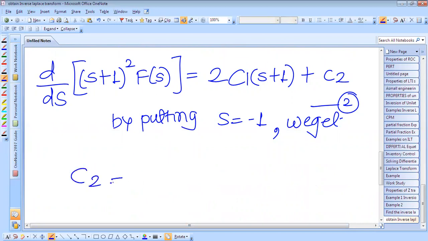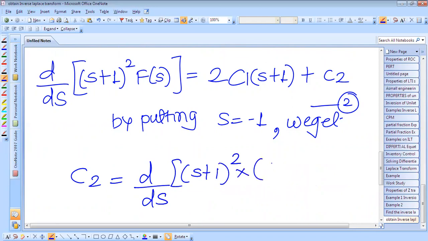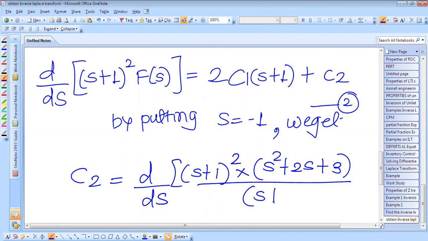So c2 is equal to the differentiation of s plus 1 cube into F of s, which is s square plus 2s plus 3 over s plus 1 cube, evaluated at s is equal to minus 1.